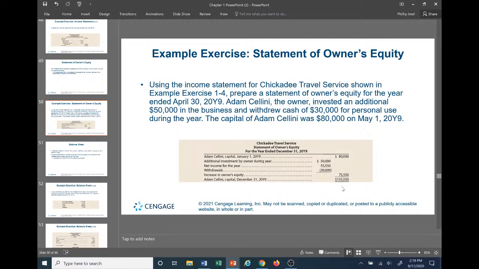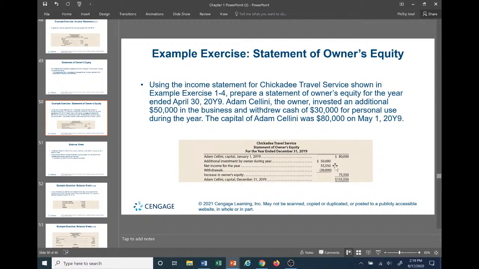Pretty straightforward. Remember, this is for a period of time, evaluating the changes in equity for a period, just as with the income statement. Remember, we build the income statement first because it has a direct effect on the statement of owner's equity. The statement of owner's equity follows because the income statement closes, so the end result is moved here, and the income statement can start back at 0 for the next period.